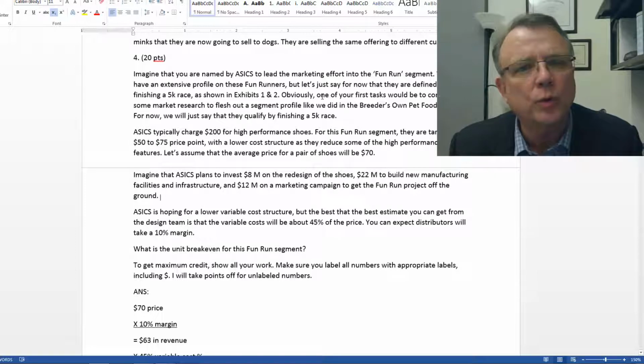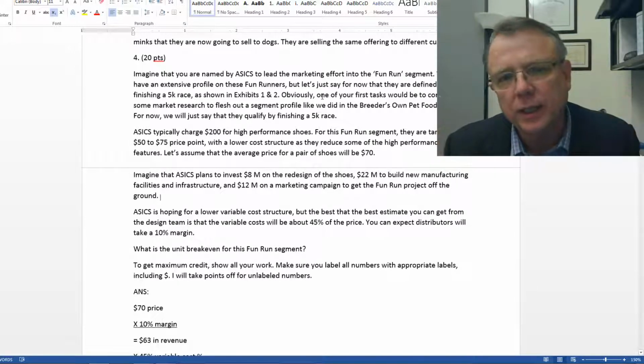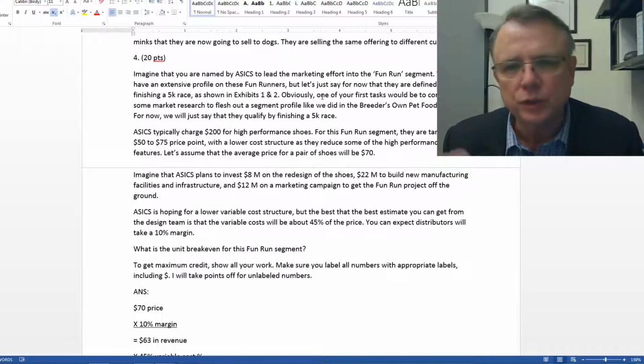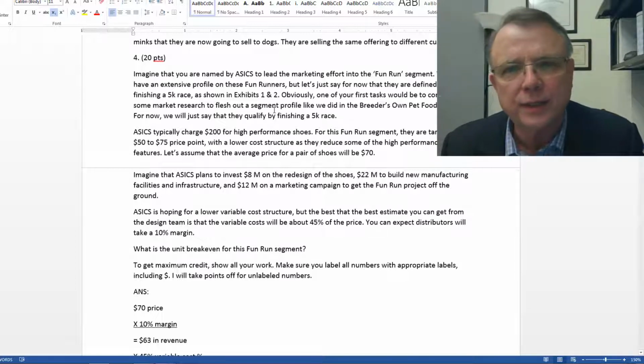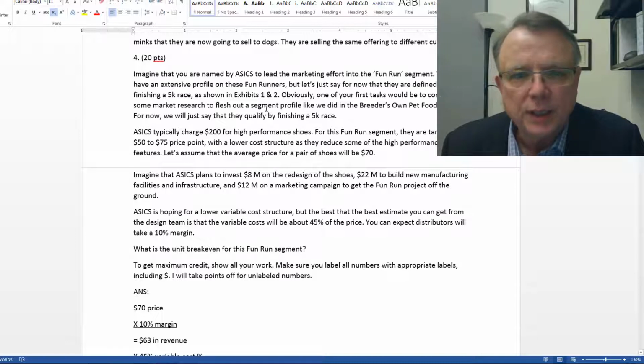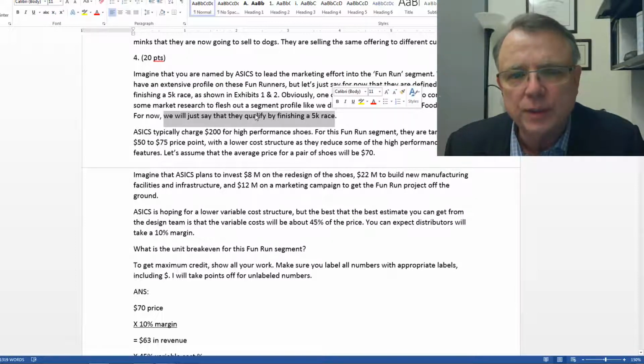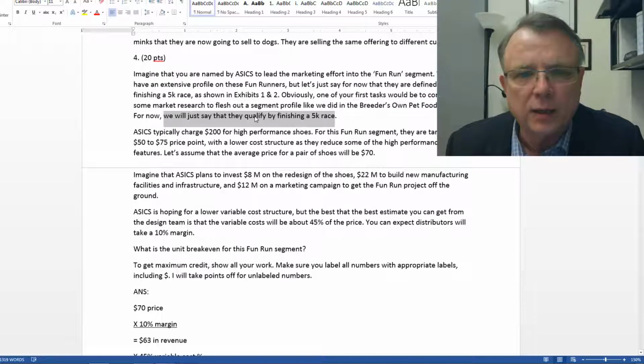I'm just kind of putting up a little bit of noise so you're thinking, it gives you a little context for the situation, but then you also have to identify the specific numbers you need. And for now, we'll say that you qualify by a 5K race, and that was shown in Exhibit 1.